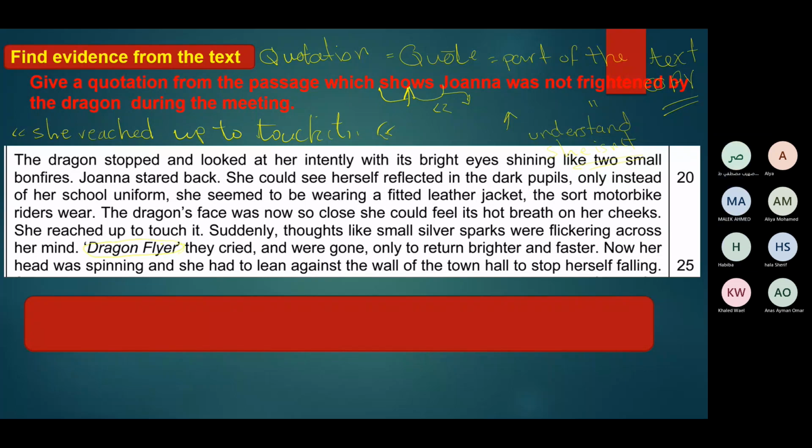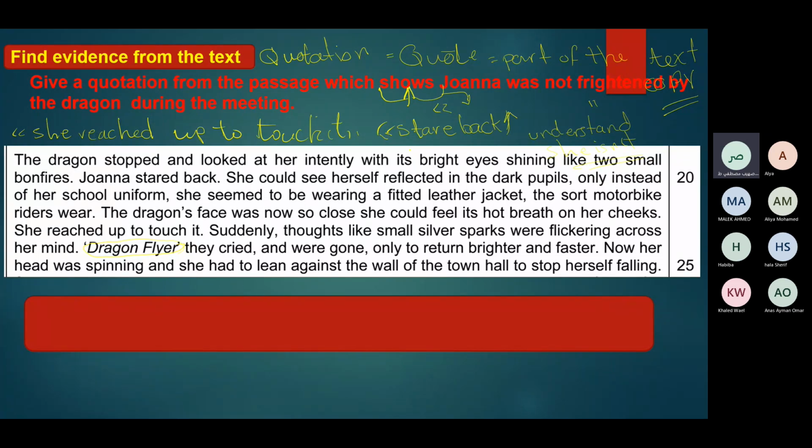No. Joanna stared back. Yes, exactly. Stare back means she is eager to look at it. When you stare at something, it means you look at something with interest. You're opening your eyes. You want to watch. Okay? This is an easy answer.